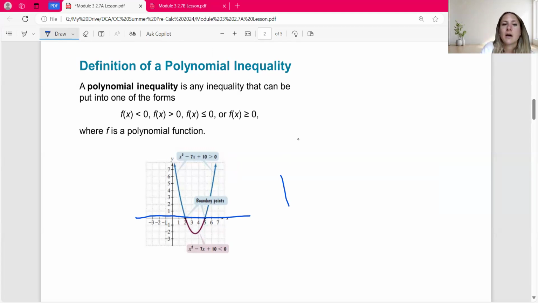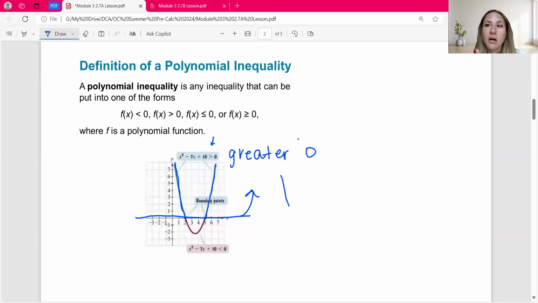And so if we're looking at where a function is greater than 0, that's everything above the x-axis, okay? That's that whole blue part of this graph. This is the interval where this function, x squared minus 7x plus 10, is greater than 0.